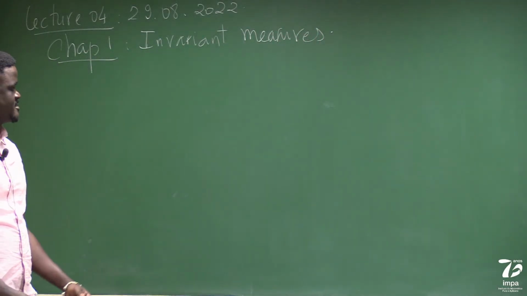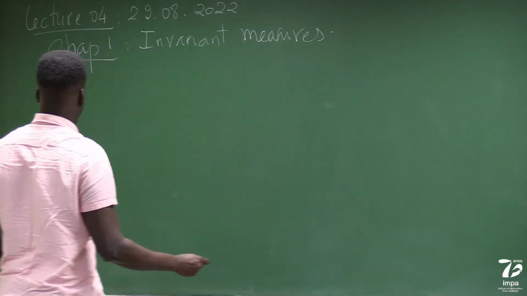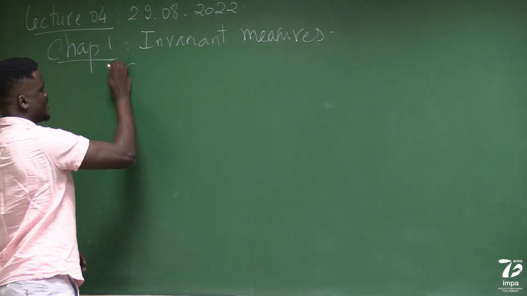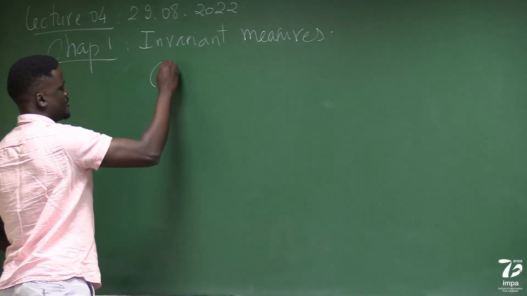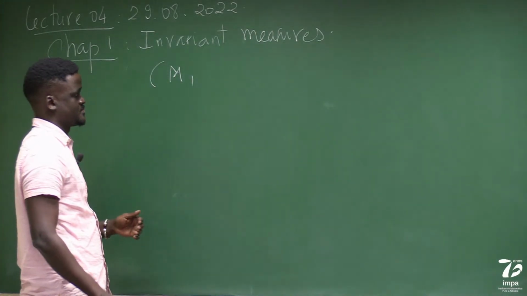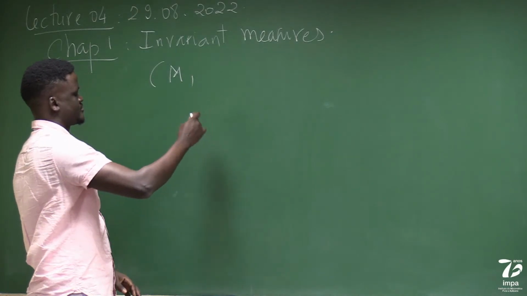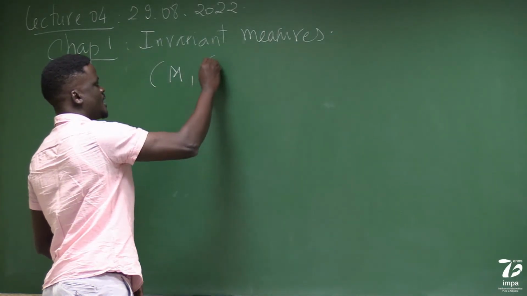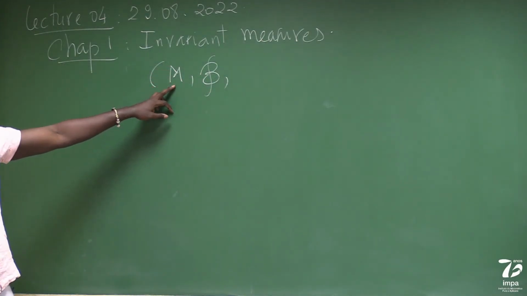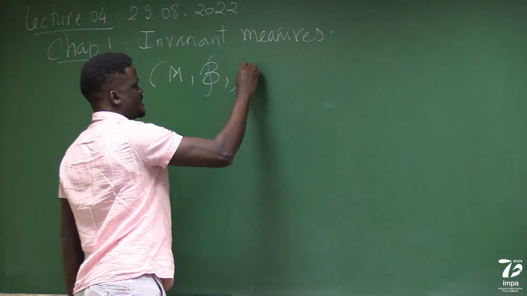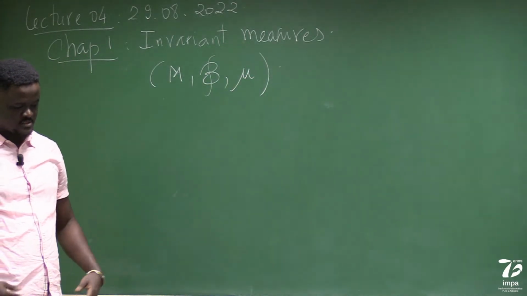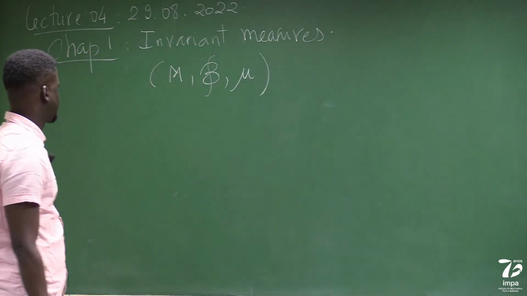Let me start by recalling what we have been doing so far. Remember, we have our measure space M. Think of M as a topological space: R, Rn, or manifolds in general. We have our Borel sigma algebra, the sigma algebra you get from this topology, and a measure mu. In general, think of this as something like Lebesgue measure, Dirac deltas, and so on.